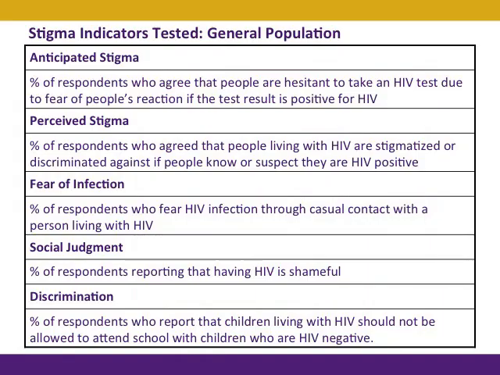So this slide just gives you a flavor of the indicators that we tested for the general population. There were, as I said, 5 domains. In the domain of anticipated stigma, this was really interesting. We decided, and this hadn't ever really been asked before, to ask people if they agreed that people were hesitant to take an HIV test due to fear of people's reactions if the test result is positive. And it was pretty amazing.